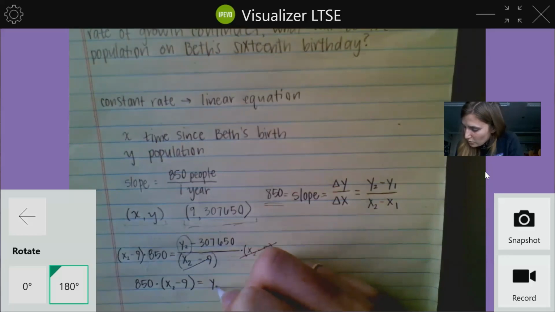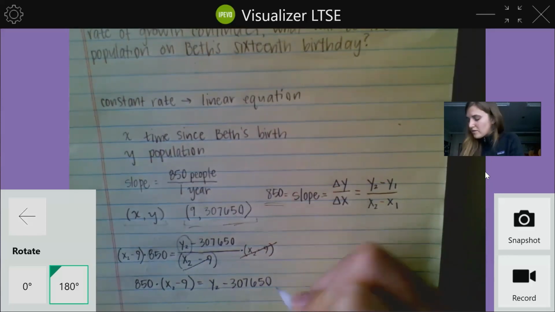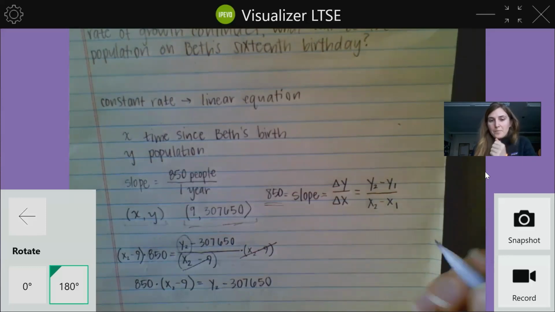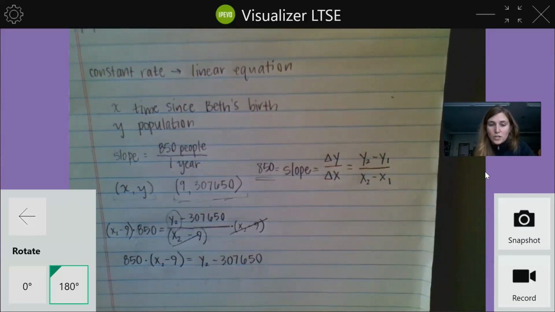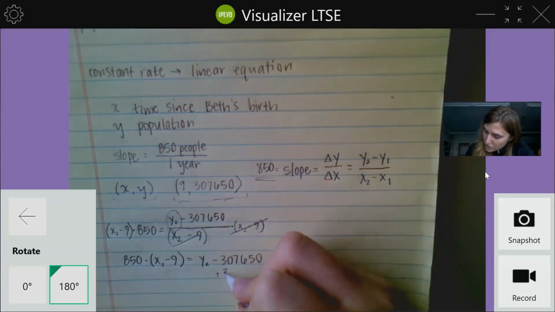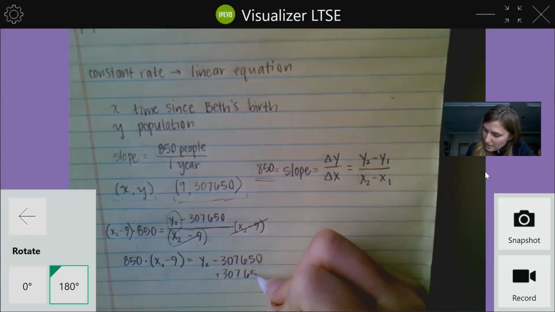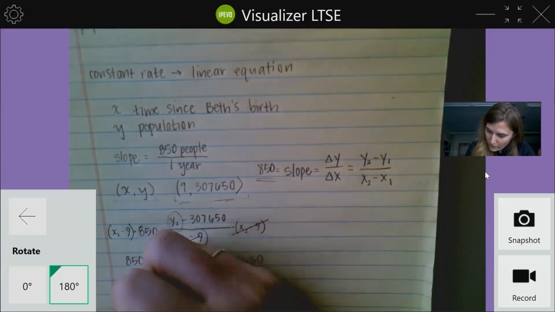equals y2 minus 307,650. Now we need to undo that subtraction. So we undo subtraction by addition. So I'm going to add 307,650, which means I also have to add it over here.